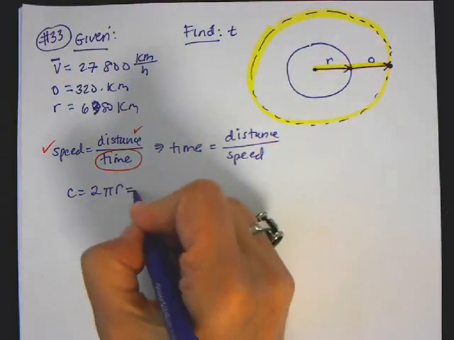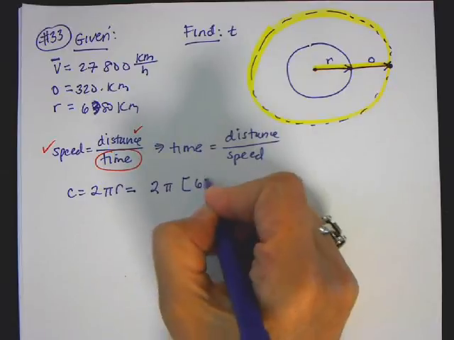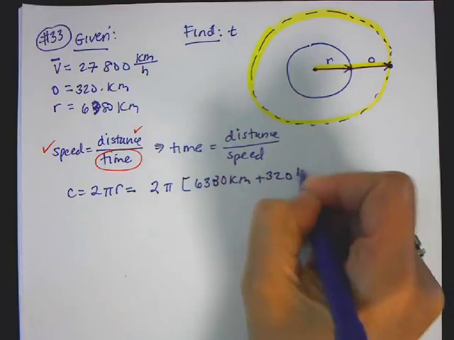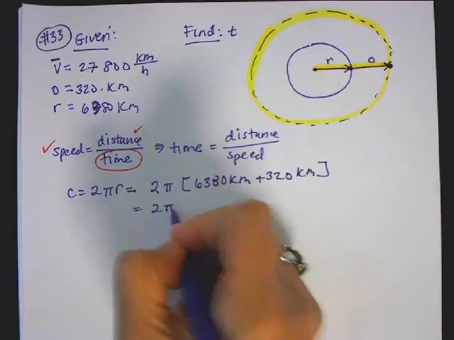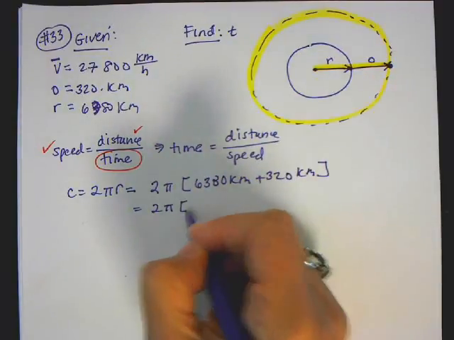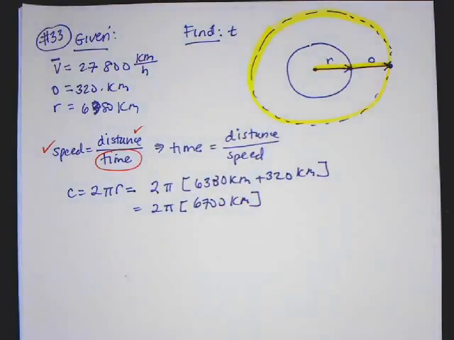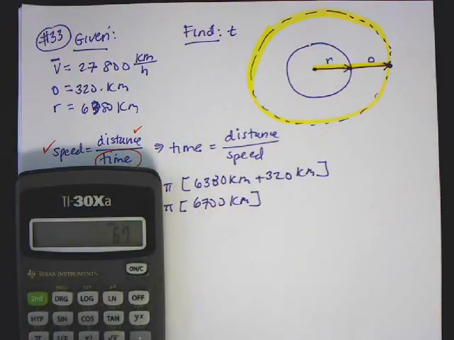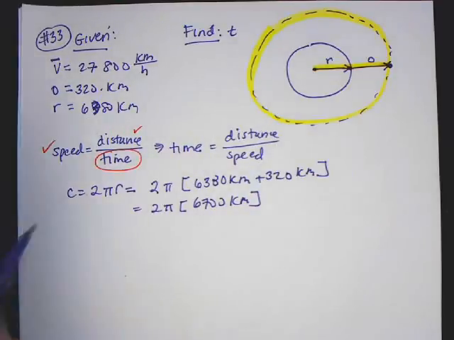So this 2 pi r is going to be 2 pi times, and we're going to add those two together, 6380 plus 320, okay? So when we add that, it's going to be 2 pi times 6,700. So then when we put that in our calculator, 6700 times 2 times 3.14, we get a big number.